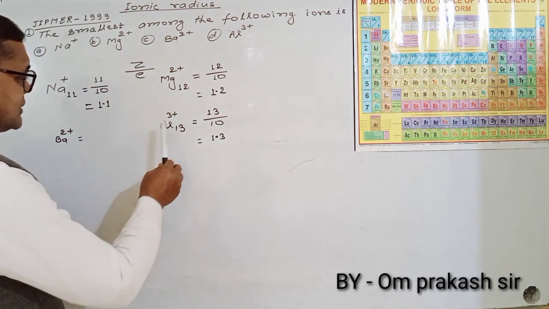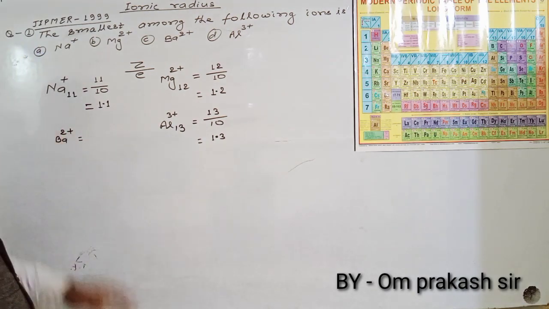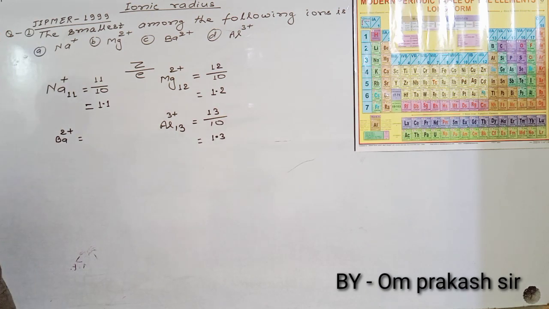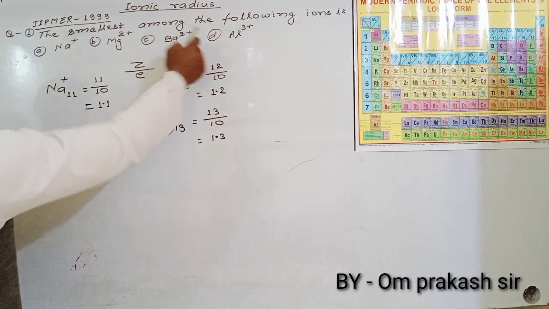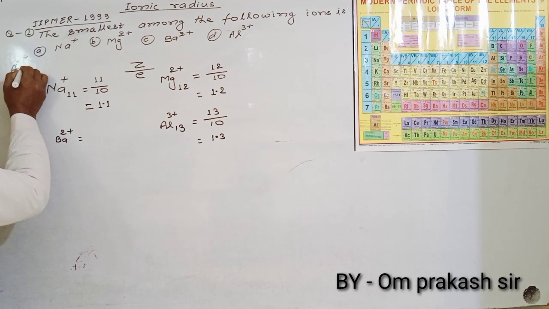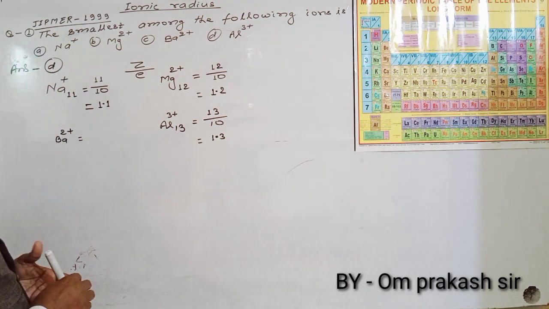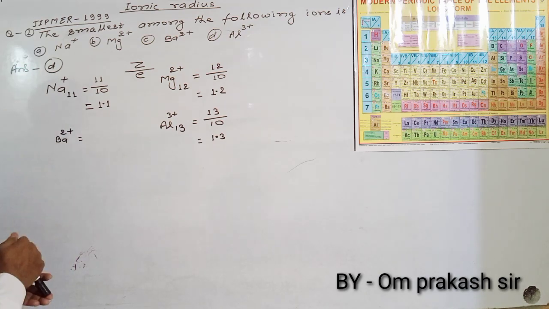Therefore, size of aluminum ion is small. Option D is correct, which indicates aluminum ion is the smallest in the options.